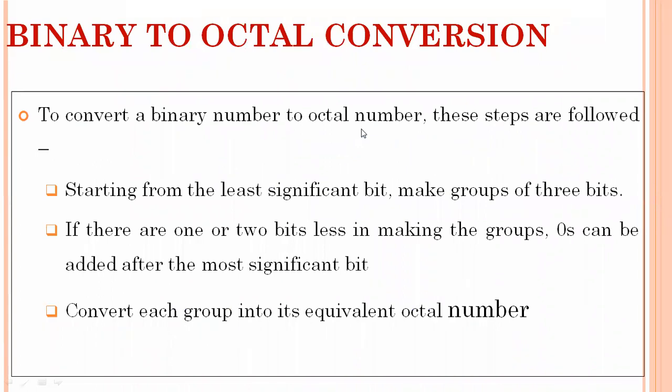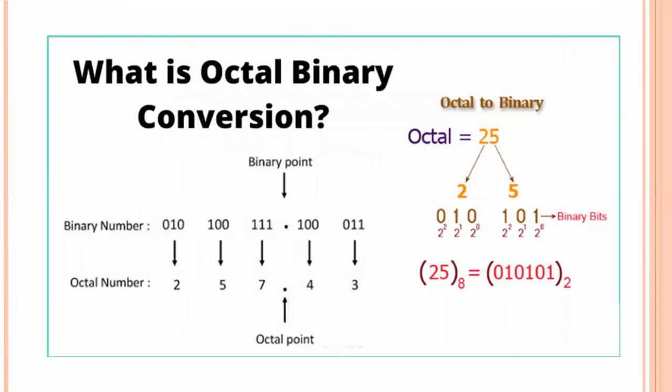Then binary to octal conversion. Simply, as we did in yesterday's lecture, if the given binary number has fewer digits, then we will divide it into groups of three and then simply give their decimal values. That will be the conversion of binary to octal. In this slide we have binary to octal and octal to binary conversion.